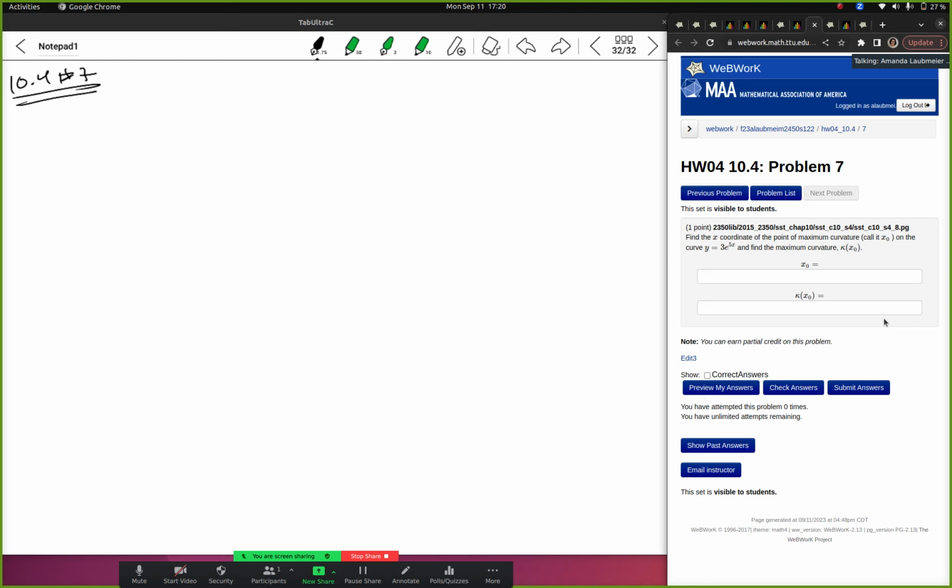So if you're unsure about how to start this, first things first, we're going to need curvature. And this is one that's going to be easier with that one-dimensional curvature formula, that I threw up on the board in class.